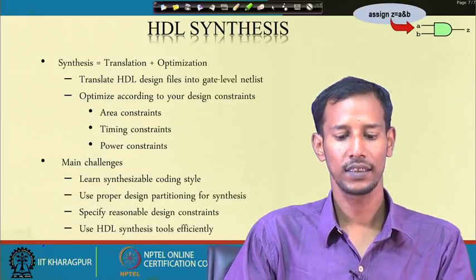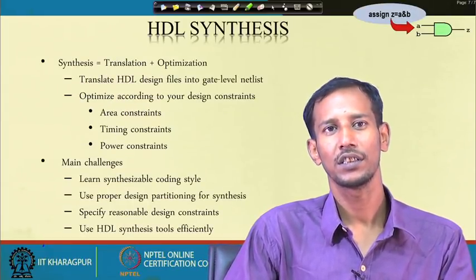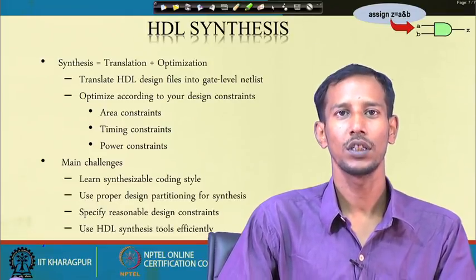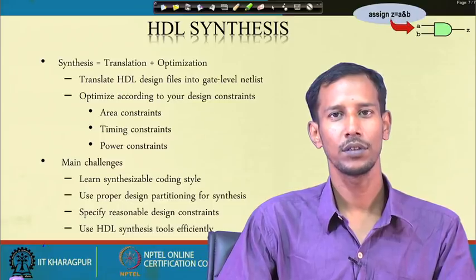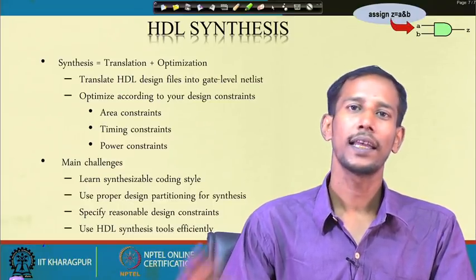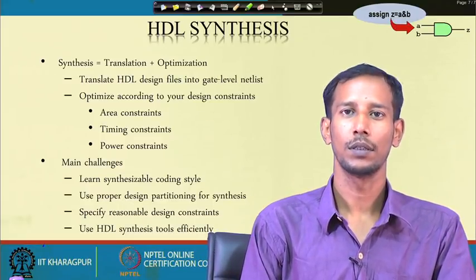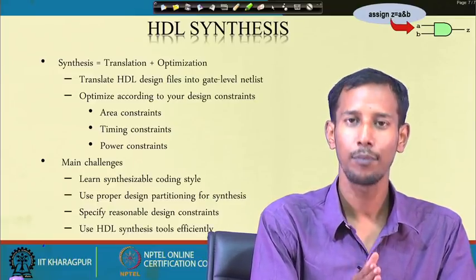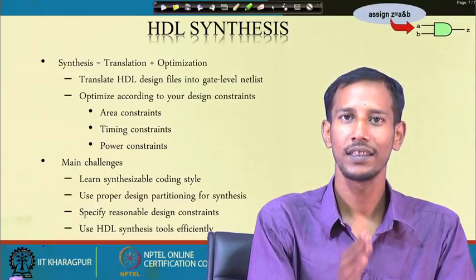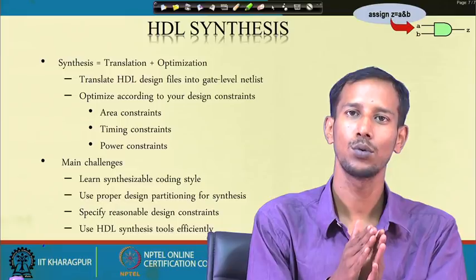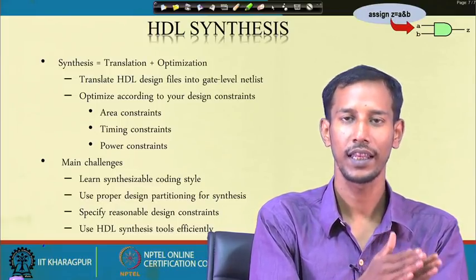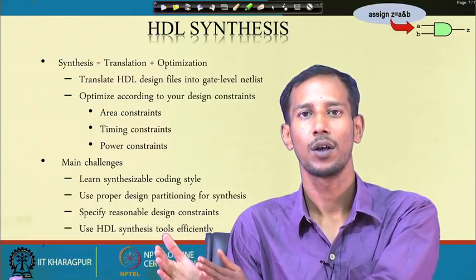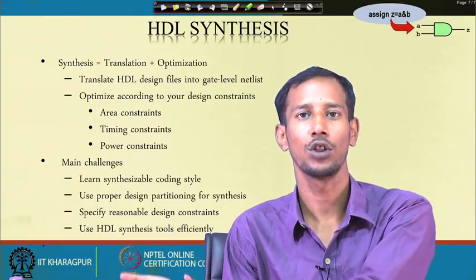Once this functional simulation is done, we have to follow HDL synthesis. HDL synthesis means I have described the design using language, and now it has to be mapped from the HDL coding to the corresponding logic gates.